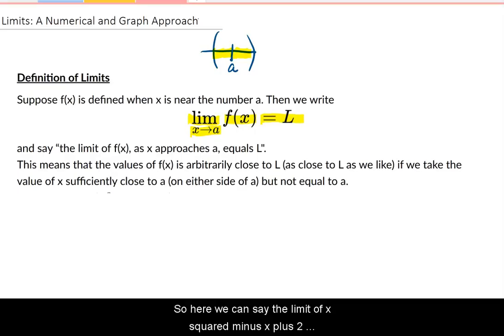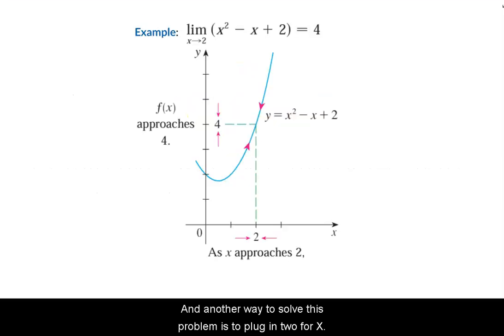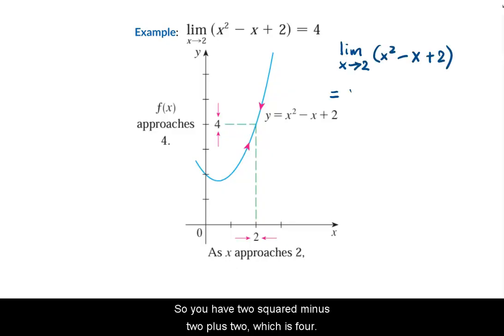So here we can say the limit of x squared minus x plus 2 as x approaches 2 is 4. Another way to solve this problem is to plug in 2 for x. So you have 2 squared minus 2 plus 2, which is 4.